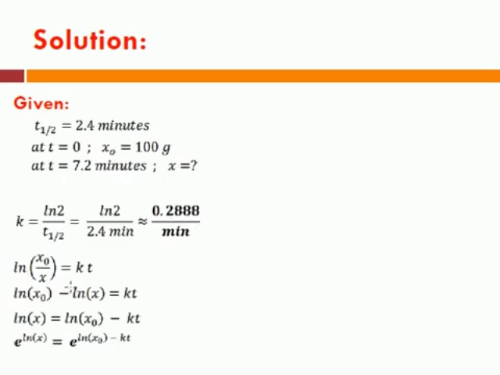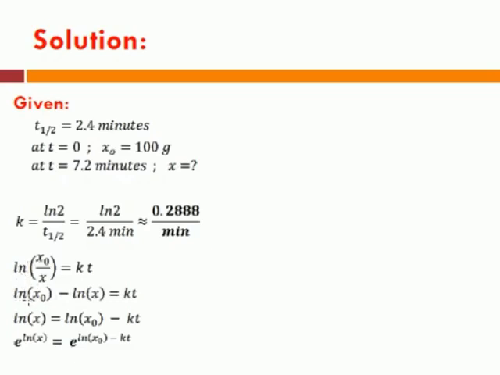So ln x sub o over x is equal to kt. You can apply the property of logarithm here. Division becomes subtraction.